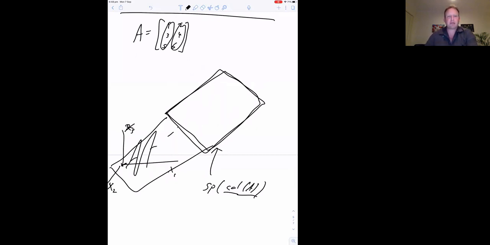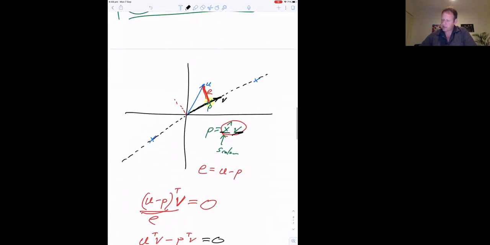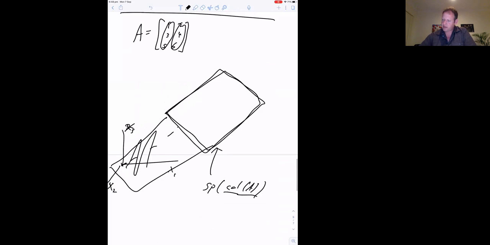Now we have some other vector B, and we'll draw the vector B, let's be consistent with before, with this blue vector. It would have been great if B were actually lying on this plane, because then we know that AX equals B has a solution.